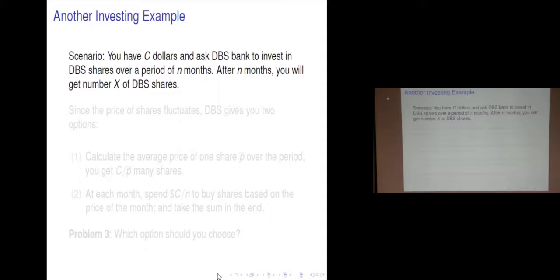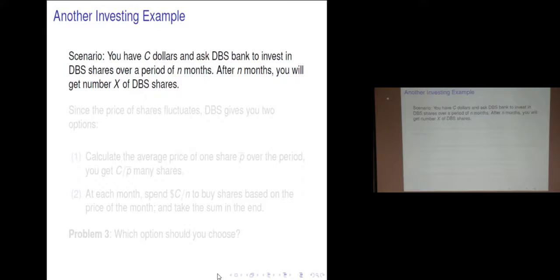Now we are looking at another example. This time the example doesn't involve the proposition, so the mathematical facts behind this example are different. Let's see what it tells us. The scenario is this: suppose you have C dollars and you want to invest.